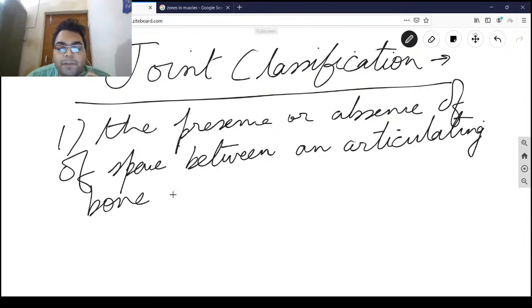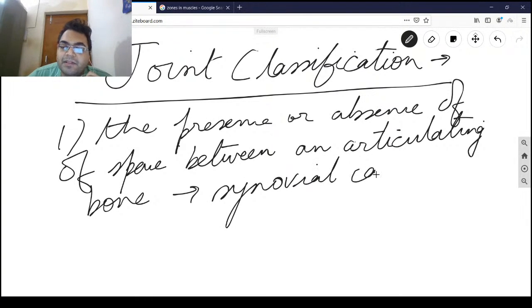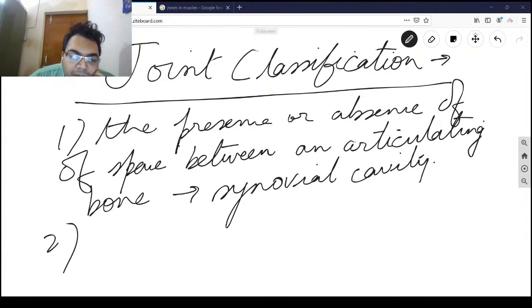I'll show you what a synovial cavity is, because you have synovial joints in your syllabus. The next point is the type of connective tissue that binds the bones together.